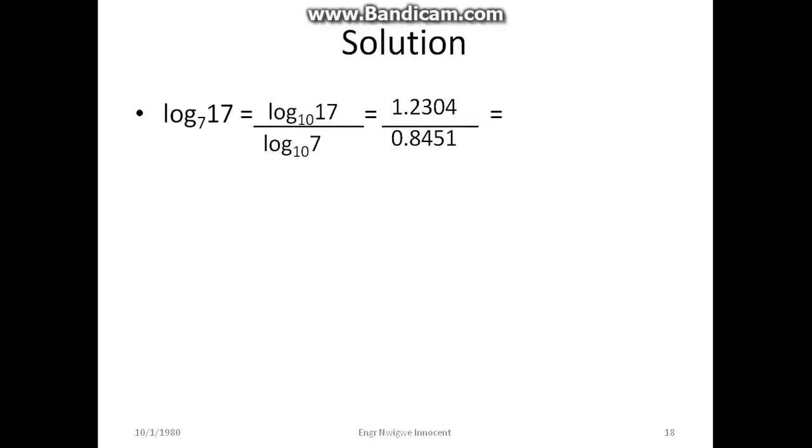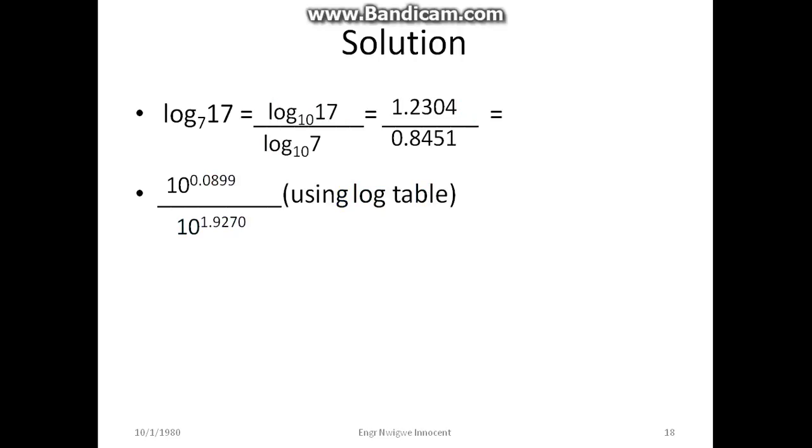Therefore, using our table, we have 10 raised to power 0.0899 over 10 raised to power 1.9270. According to the law of indices, division is subtraction.